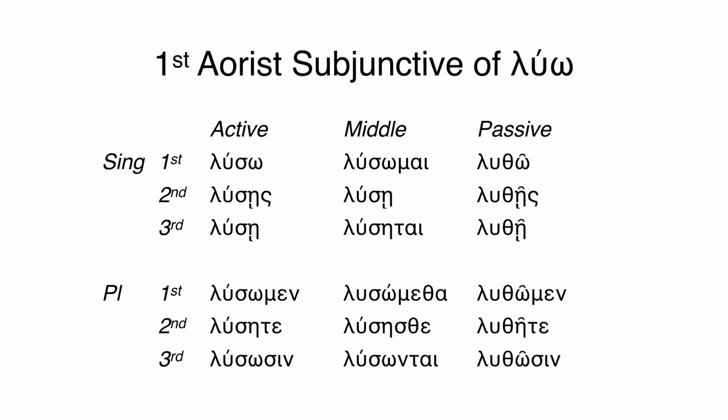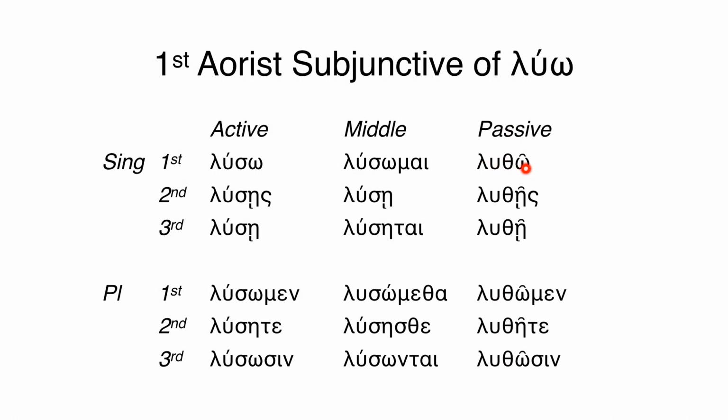Now, with the passive forms, instead of a sigma, we take the active form for the present and simply supply a theta before the personal endings. Or another way to think of it is to look at the aorist active forms and replace the sigma with a theta. Either way, these are formed in a very straightforward fashion.